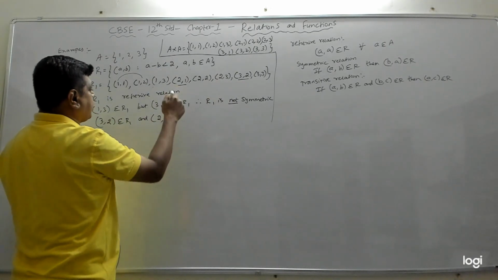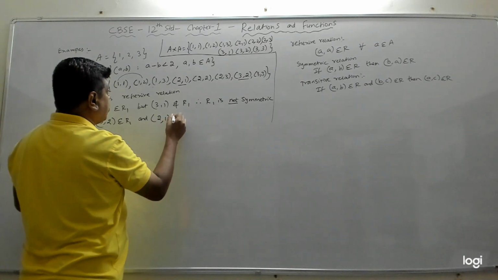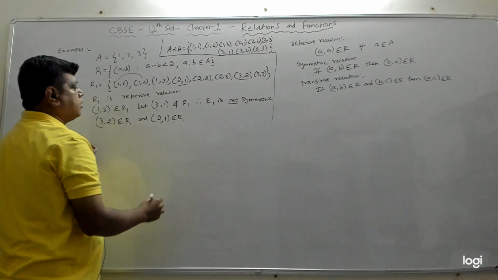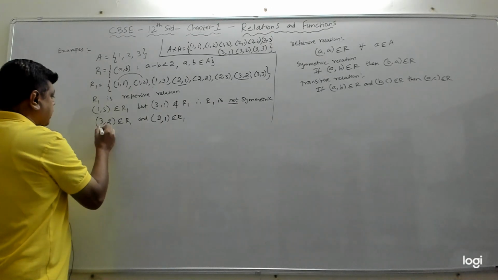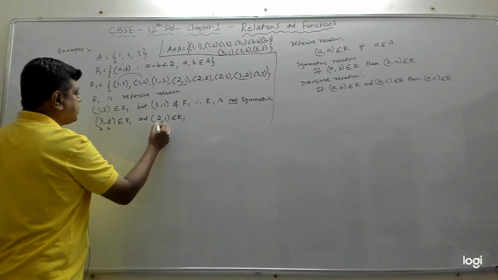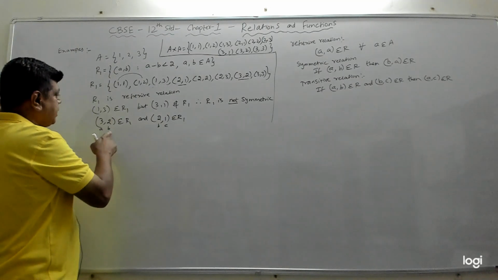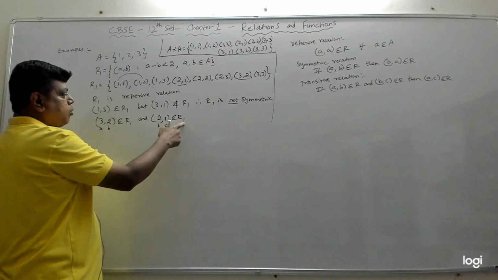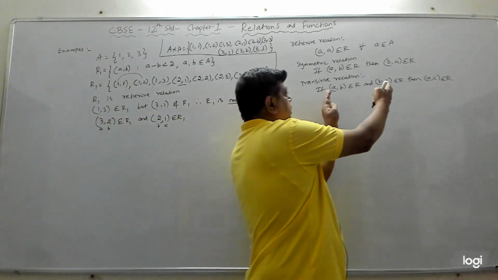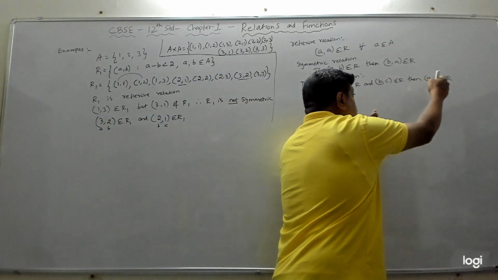I'm choosing this one. 2 comma 1 is also in R1. So this is your A comma B, A comma B belongs to R1. Then this is B comma C. So A comma B is in R1, then B comma C is also in R1. So this condition is satisfied. Whenever this is true, then we should show that this is also true.